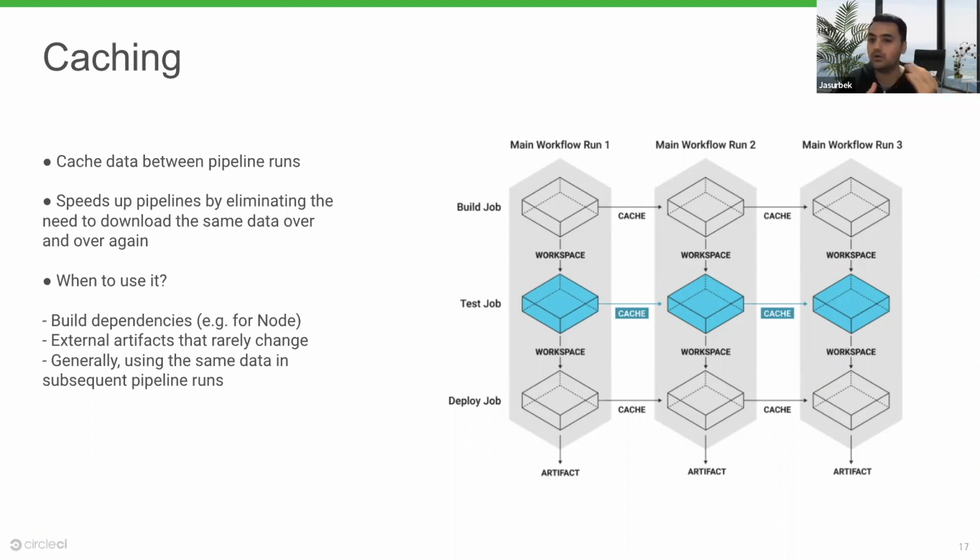Today we are not going to cover that, but we have publicly available tutorials and documentation on it. You can check that. Caching speeds up your pipelines by eliminating the need to download the same dependencies and data over and over again.